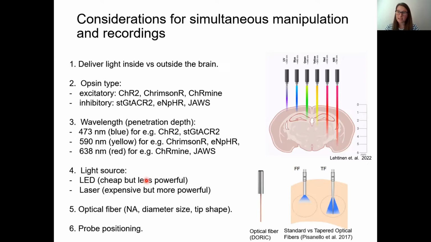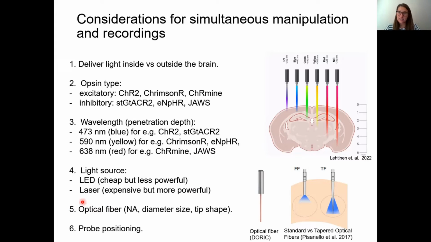So they can work in experiments in which you use very sensitive options that do not require so much power, and they will activate or inactivate cells reliably with little power. However, lasers are more expensive but more powerful, and they might be the only solution if you have options that require a lot of power in order to activate or inactivate neuronal populations.